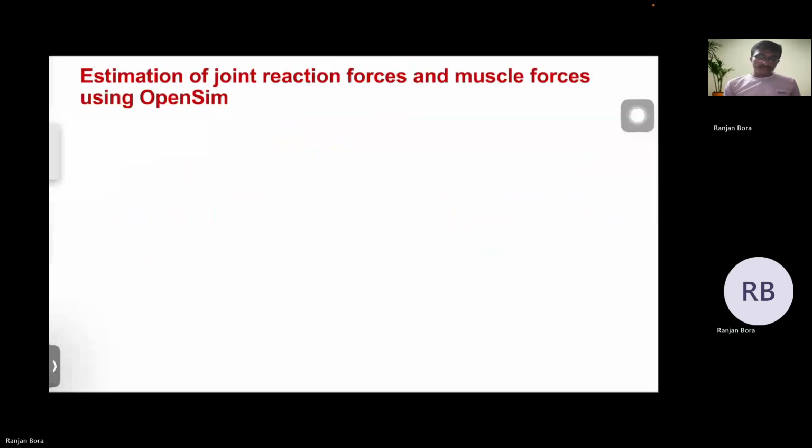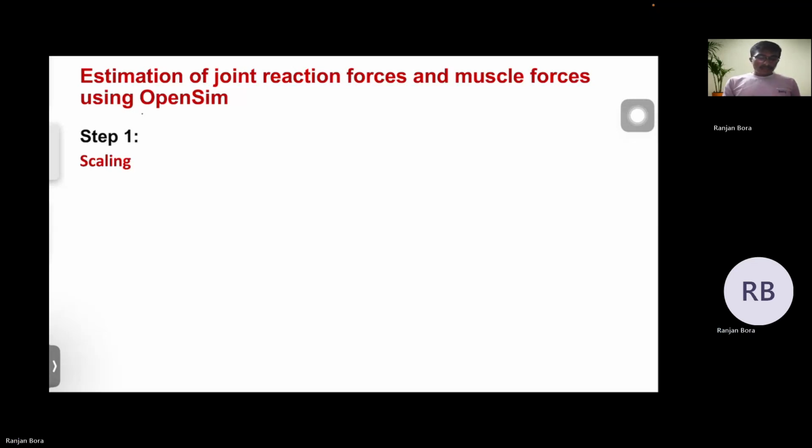Okay, now I'll show how we can estimate the joint reaction force and muscle forces using the OpenSim software. So OpenSim is an open source software for biomechanical analysis for musculoskeletal modeling.